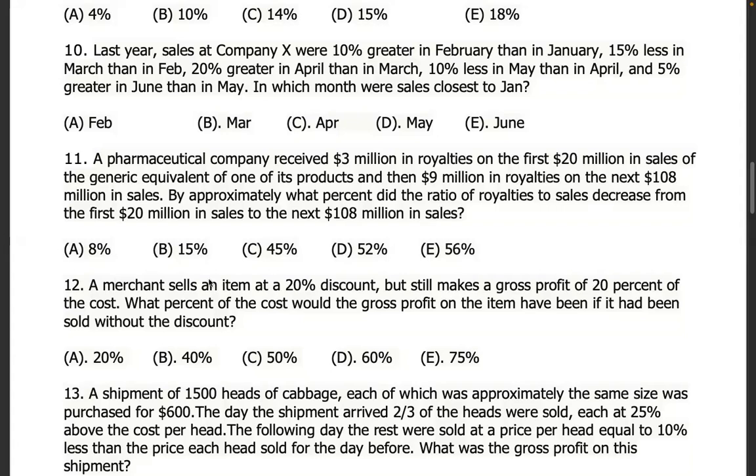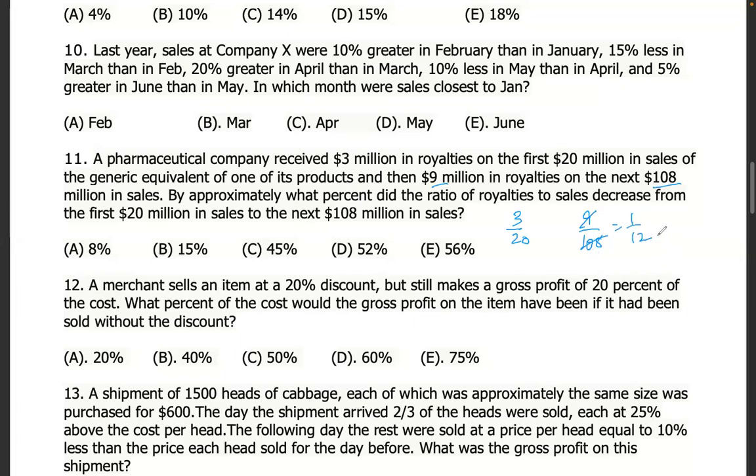I don't know what you are doing. So this goes something like, yes, what is your answer? So still calculating 3 by 20 minus 9 by 108 upon 3 by 20. Exactly. 9 by 108. That is how much? 1 by 12. Right?